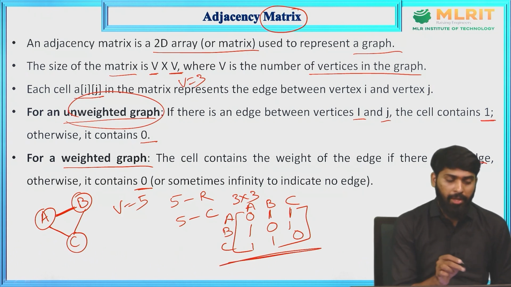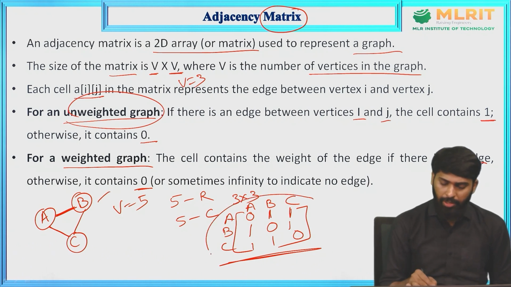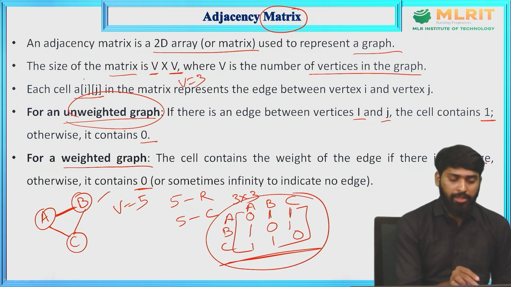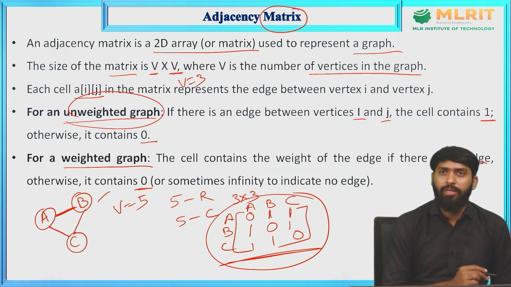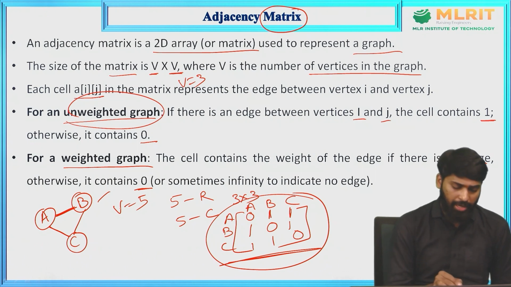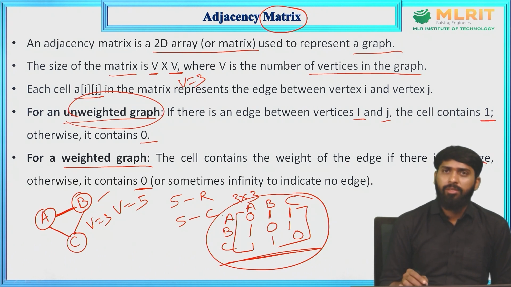Let us see one more time. The adjacency matrix is a 2D array. The size of the matrix is V into V. Here the number of vertices is 3, so 3 into 3 means 3 rows and 3 columns.